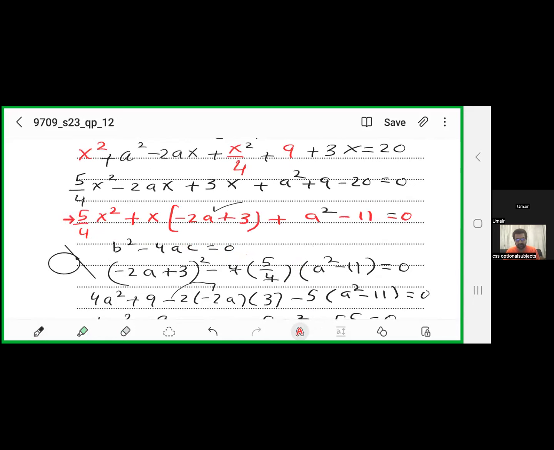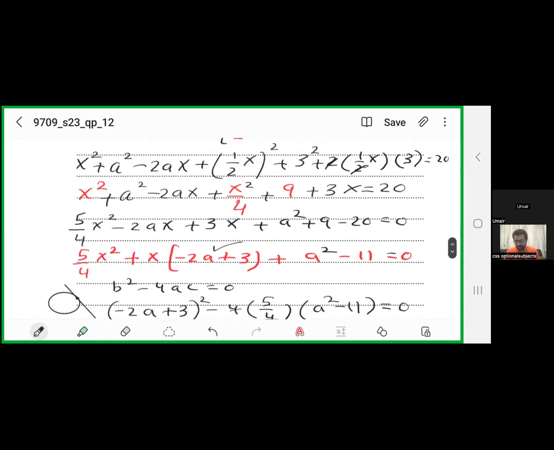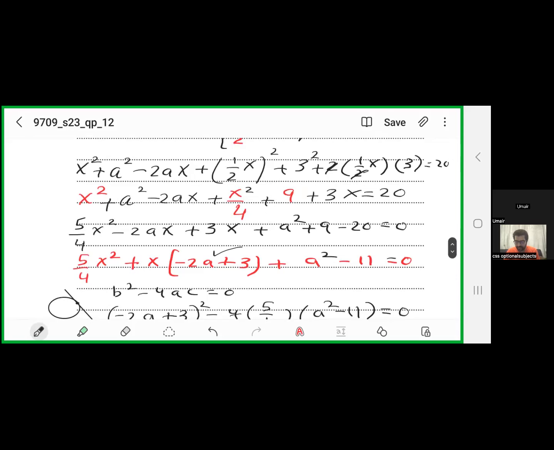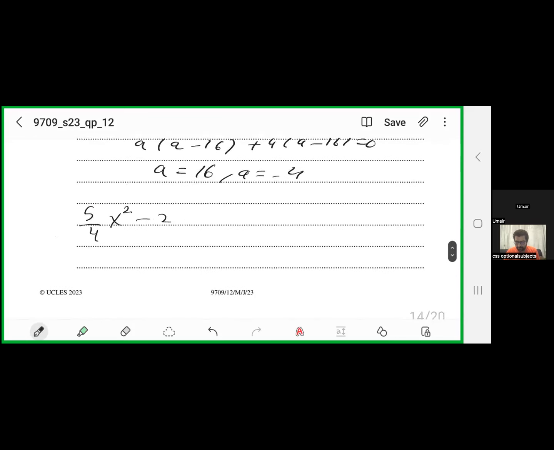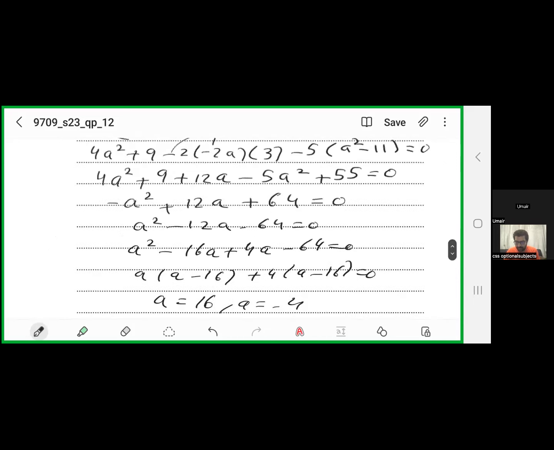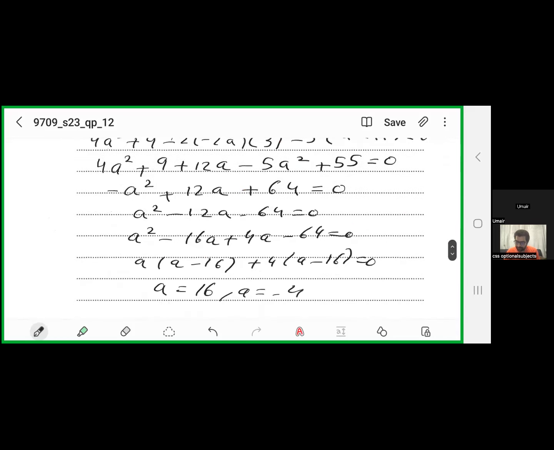So I'm going to solve this equation. Just for the sake of time saving, I'm going to use this equation, minus 2ax plus 3x, and then we have plus a square minus 11.